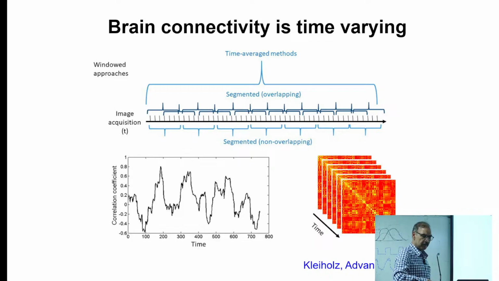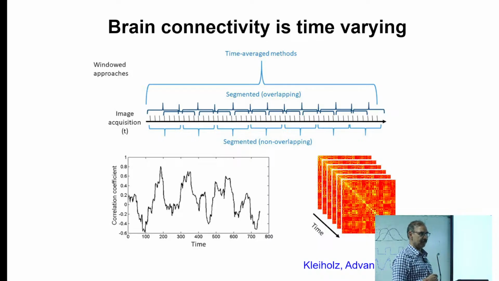So to mention again, if we were doing left and right motor cortex, we saw connectivity. In the previous approach, you took 500 data points from the left motor cortex, 500 data points from the right motor cortex, you did correlation, you got one value, right?